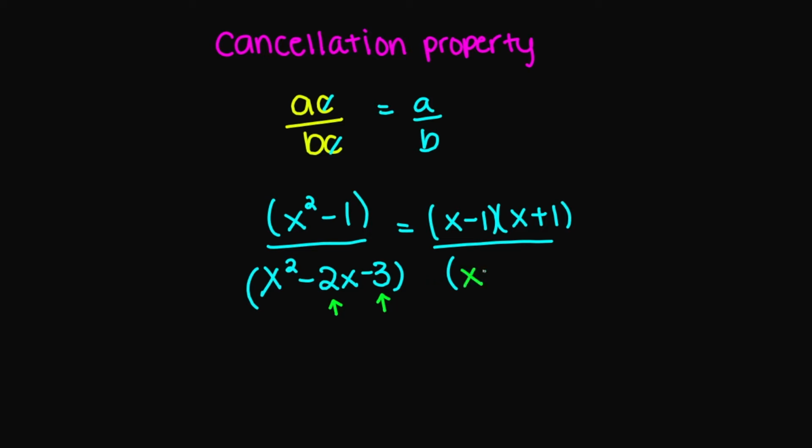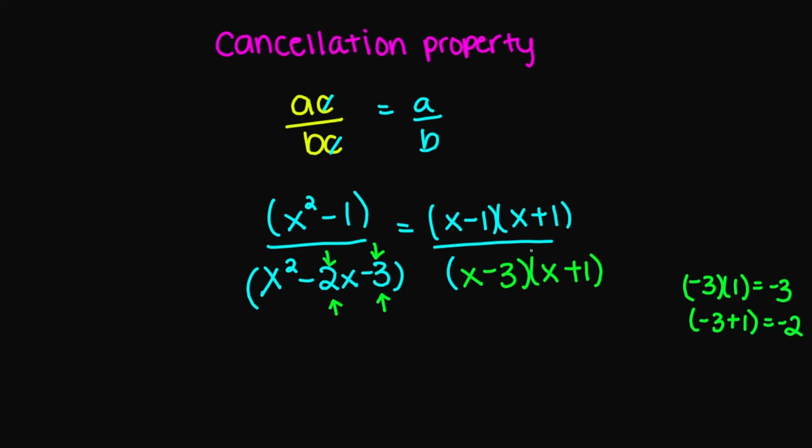So I'm going to do x minus 3 here, and then x plus 1 here, because if I multiply negative 3 times a positive 1, I'm going to get a negative 3, which is what we have here. And if I add negative 3 plus 1, this is going to give me negative 2, which is what we have here. So I know my factored form is going to be this expression here.